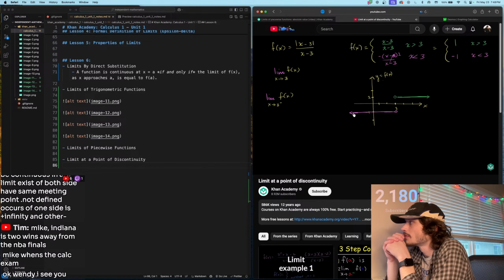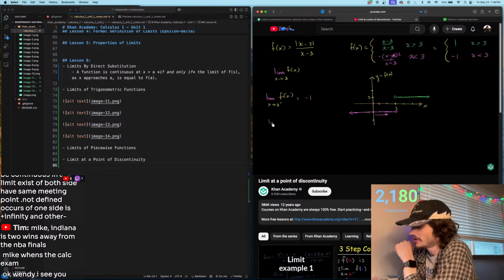If we start with values lower than 3 and get closer and closer, say we start at 0, f of x is equal to negative 1. We go to 1, f of x is negative 1. We go to 2, f of x is negative 1. If you go to 2.999999, f of x is equal to negative 1. So it looks like it is approaching negative 1 if you approach from the left-hand side.